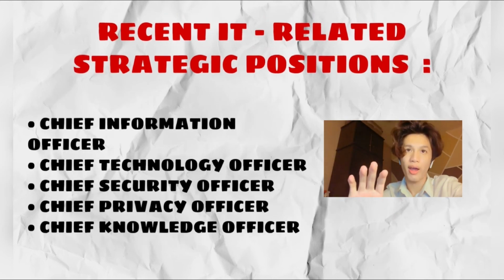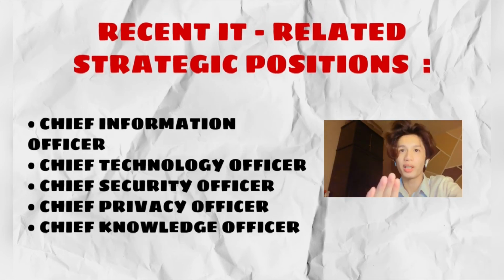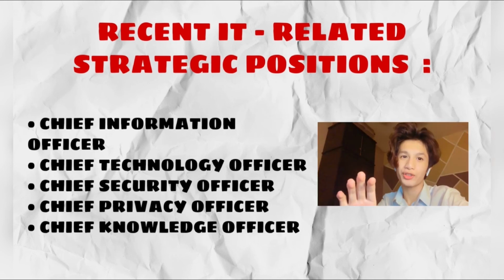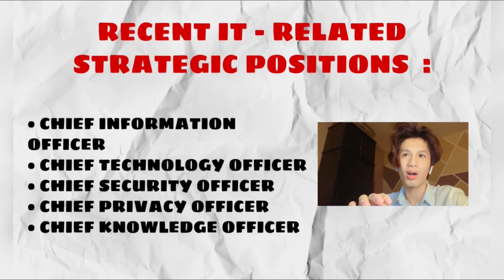Information technology is a relatively new functional area, having only been around formally for around 40 years. And there are IT-related strategic positions, which are Chief Information Officer, Chief Technology Officer, Chief Security Officer, Chief Privacy Officer, and also Chief Knowledge Officer. The Chief Information Officer oversees all uses of IT and ensures the strategic alignment of IT with business goals and objectives.